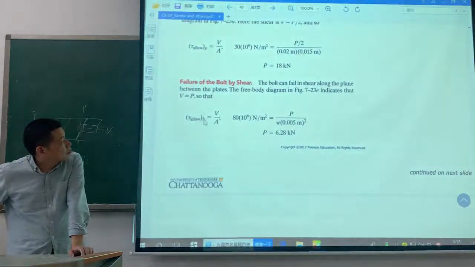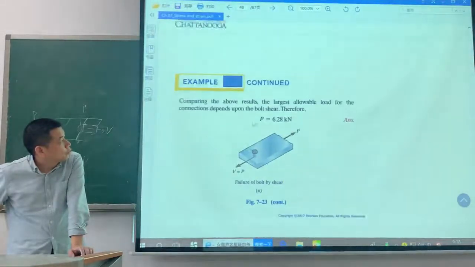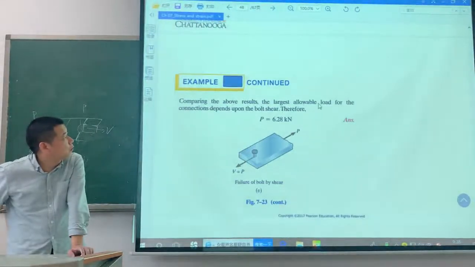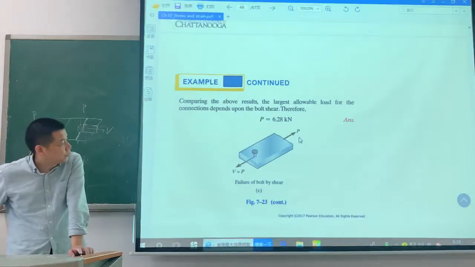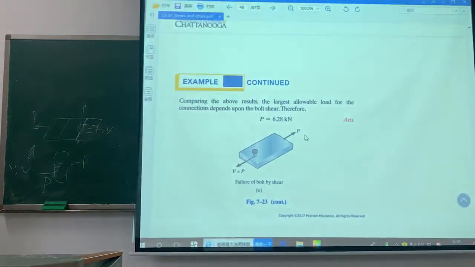For the bearing stress of the bolt. So, P, compare the above results. Notice the load for the connection depends on the bolt shape. Therefore, P is 6.28 kilonewton. That's the conclusion. Why did they pick this P?